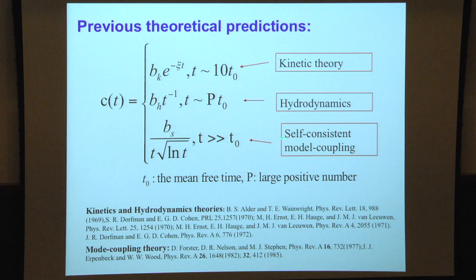And also the self-consistent mode coupling theory predicts that the tail should be logarithmic, in such a way.